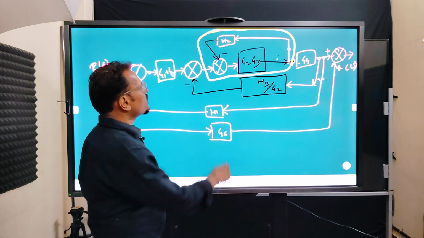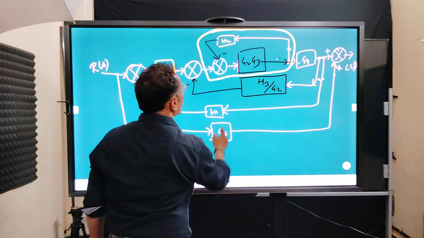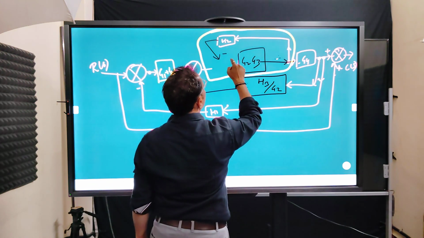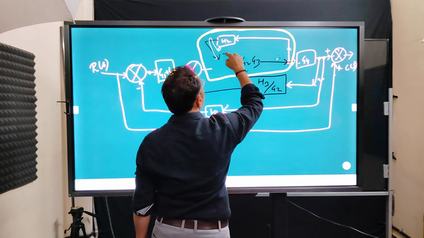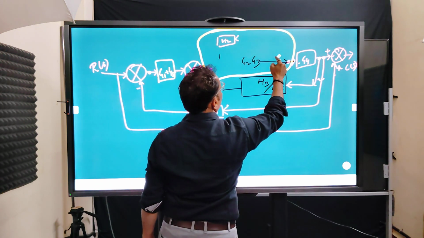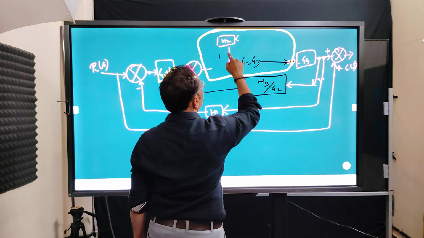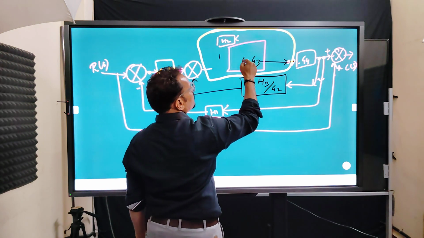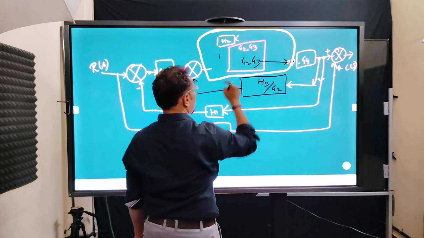In this example, I can replace the whole thing by one block, and that block we can write as what I said. We have to write down the feedback gain, and the forward gain as it is. So I have written it as it is.